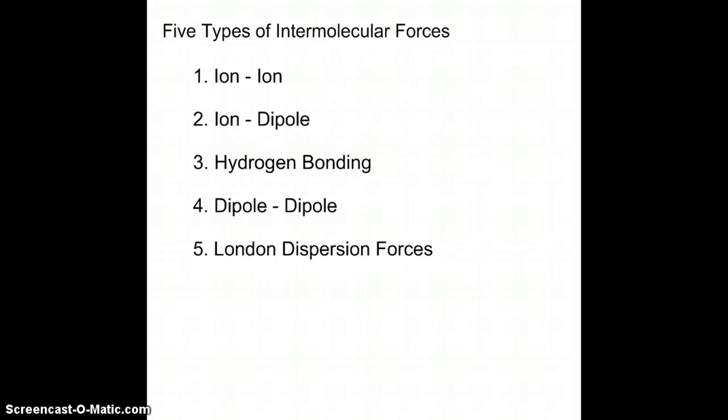If you find the positive and the negative, then you can rate how strong the intermolecular force is, whether it's going to have a ton of glue or not a lot of glue. The 5 types, in order of strength: the strongest is ion-ion, then ion-dipole, hydrogen bonding, dipole-dipole, and London dispersion forces.